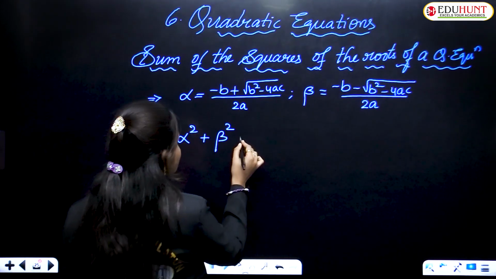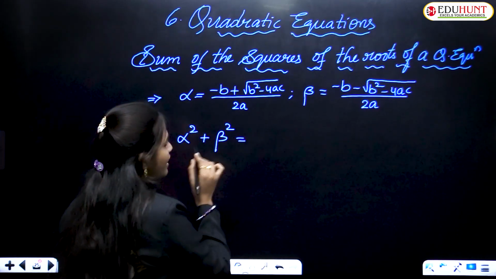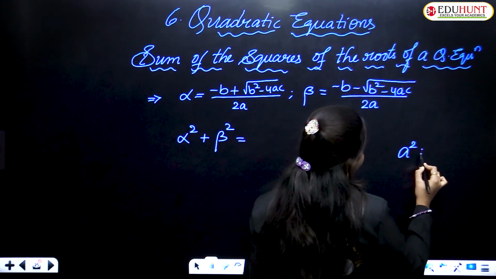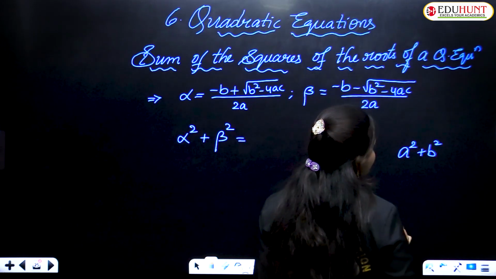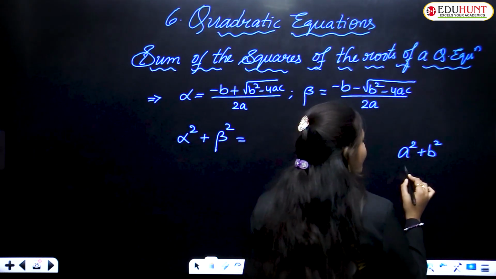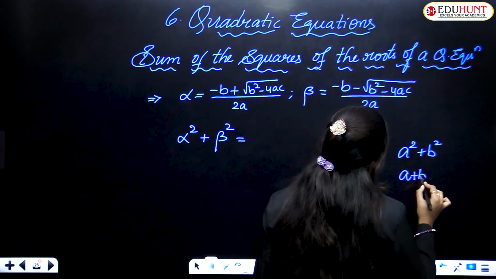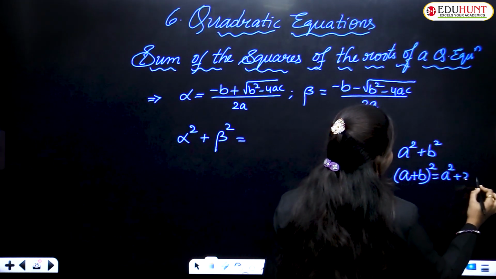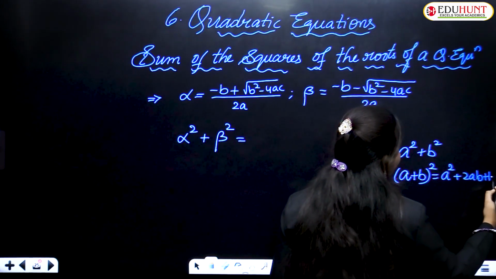This is in the form of a square plus b square. What is that formula? We know the formula a plus b whole square, which is equal to a square plus 2ab plus b square.